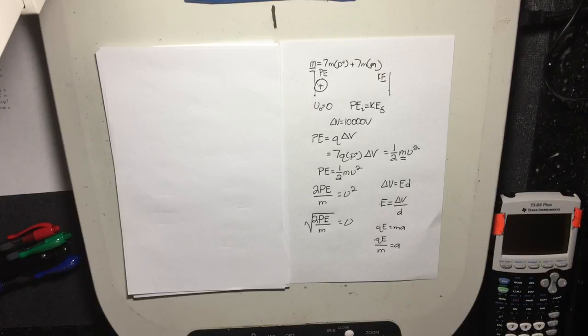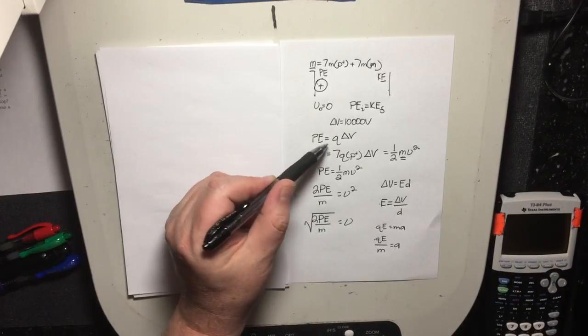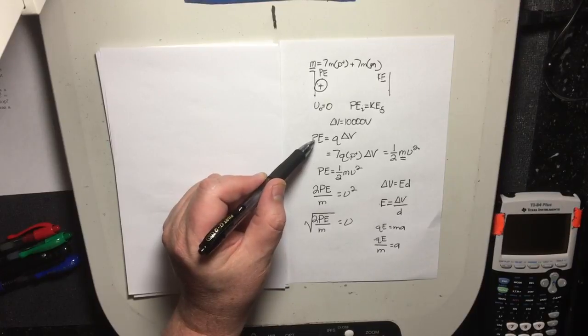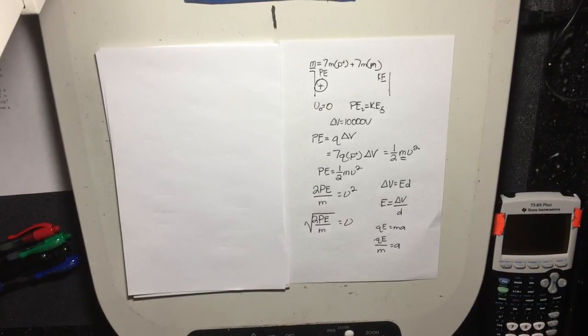There's no friction. So underneath the square root there, we have potential energy. How do we calculate that number? Well, it comes from this. Potential energy is the charge times the potential difference, which is 7 times the charge of a proton.